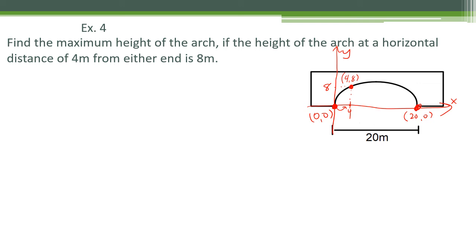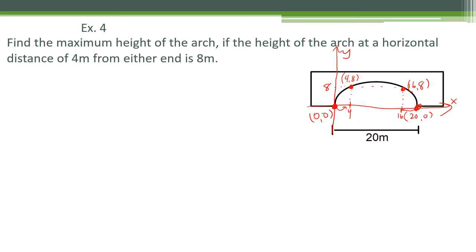Or you could go the other way. This is a choose your own adventure. So if I go 4 in, that's 16, and as I go up and across, that's also going to be 8. So there's another coordinate, 16, 8. What we want to know is what is the max height? So we know that the max always occurs at the vertex.